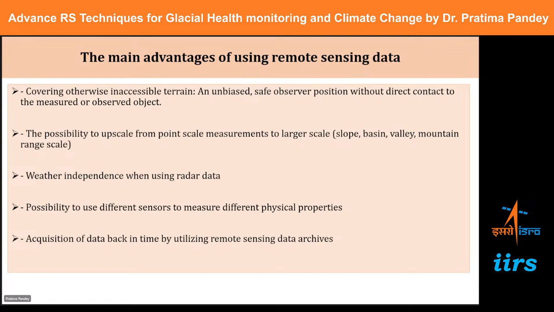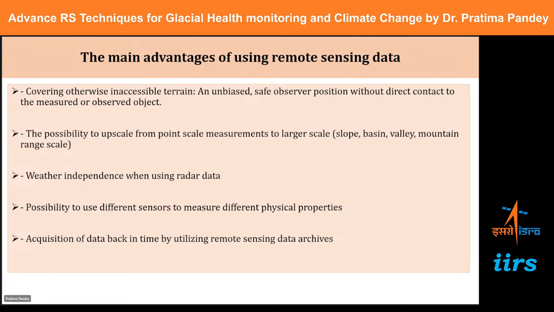You can find out glacier mass balance, glacier volume change, glacier velocity, snow cover, how the snow cover is changing, how the equilibrium line is changing, and whether the glacier is retreating or advancing, without going into the field or inaccessible areas.